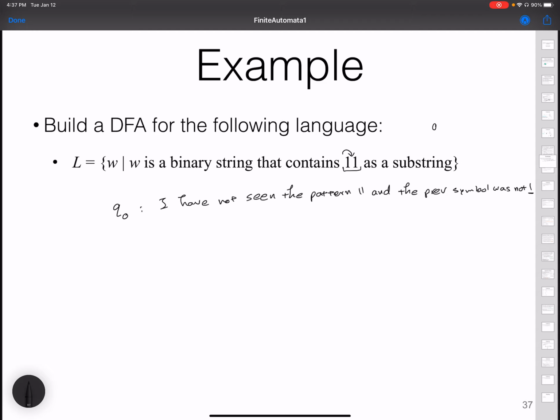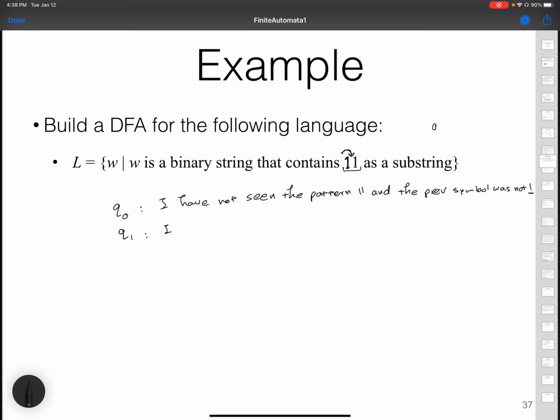Okay. Another state I would need is that, for example, I haven't seen 1, 1 yet, so I will not be in an accepting situation, but I have seen exactly 1, 1, and it was exactly the previous input string.